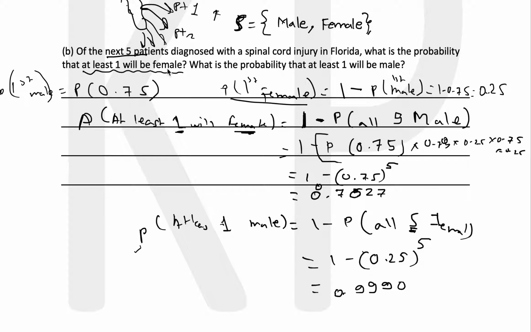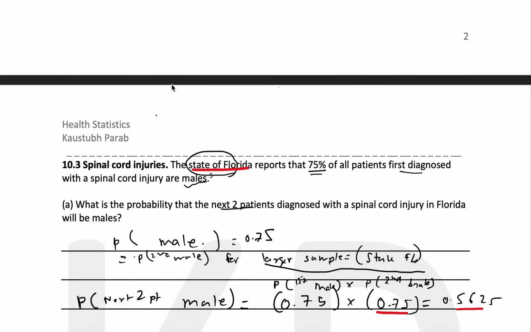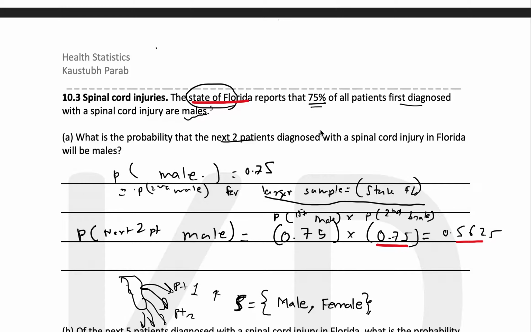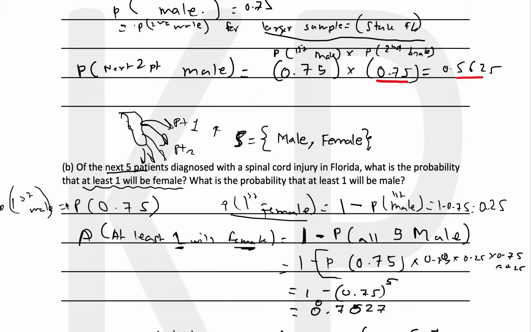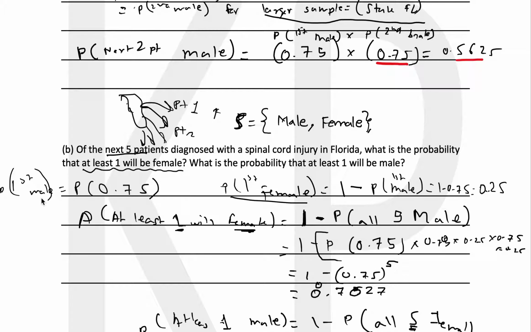So do we have information for the probability of female from this question stem? Actually we don't have it directly. We know that 75% chosen will be male. That's the probability of selecting a male. Then the probability of female, given that these are the only two possible events, we just subtract from the total, because the total constitutes one.